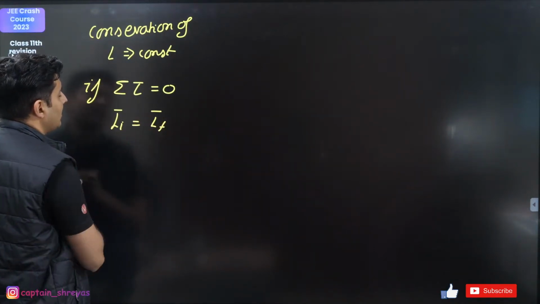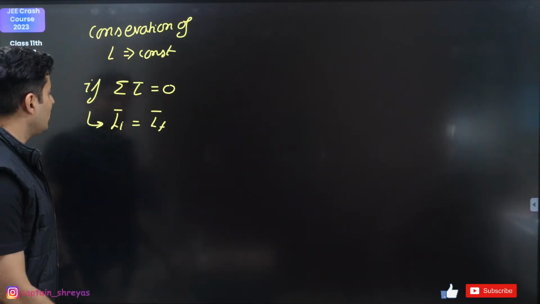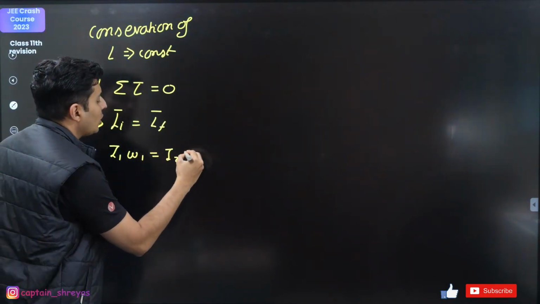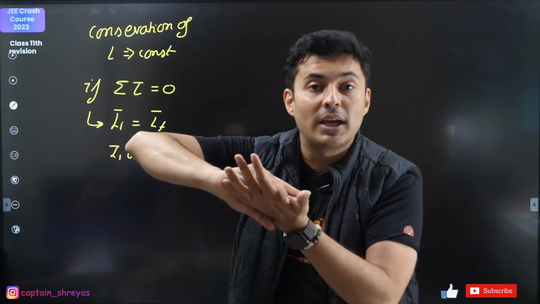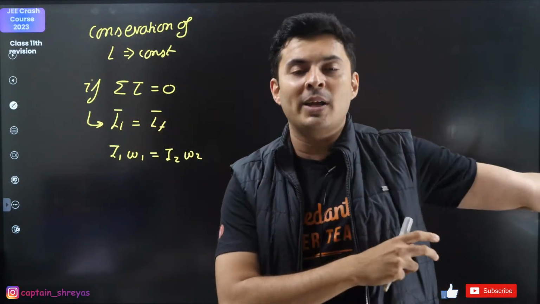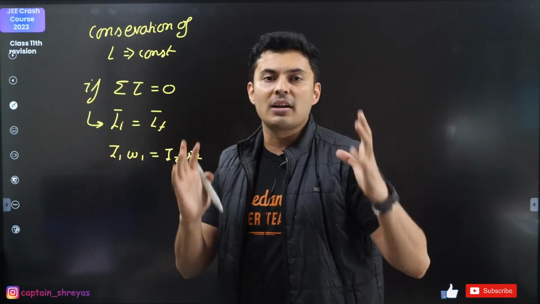This is the main formula of the statement, I would say. Many times you will see I1 omega 1 equal to I2 omega 2, or if two discs merge together, I1 omega 1 plus I2 omega 2 equals I1 plus I2 into omega final.